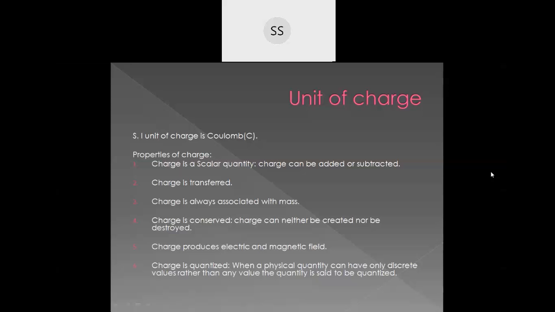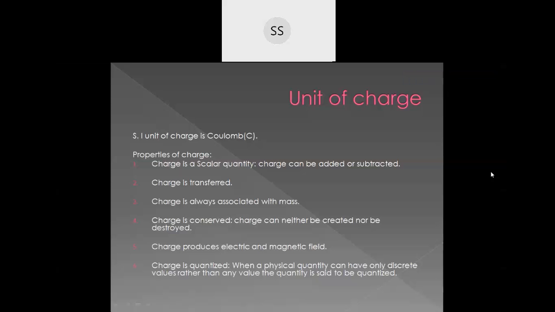Next, charge is transferred. So charge can be transferred from one body to another. It can be transferred by conduction, it can be transferred by induction also. We already know that positive charges attract negative charges. So if a body has a lot of positive charges, it doesn't have an equal amount of negative charges.